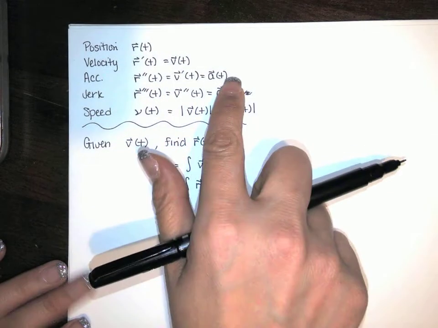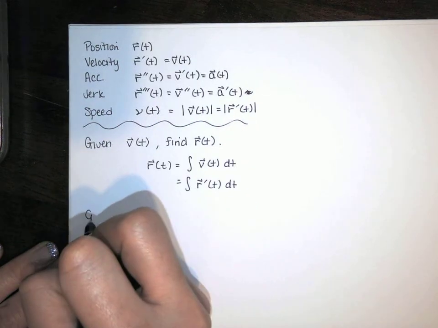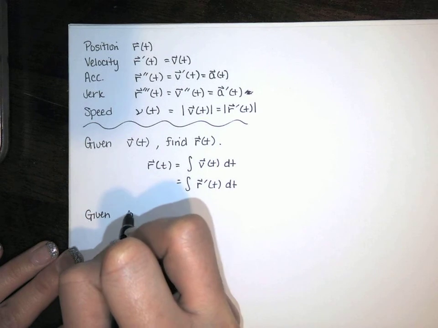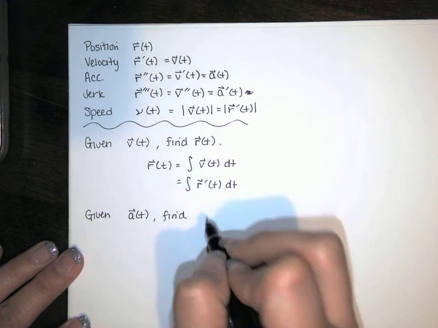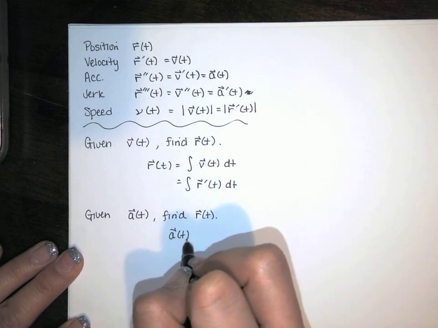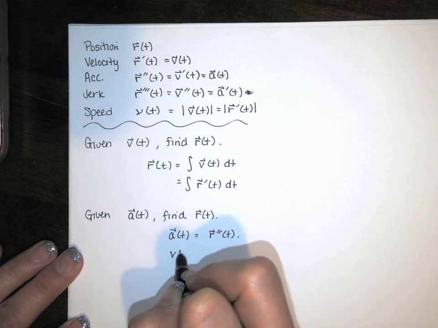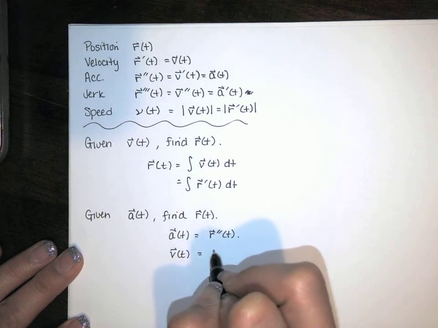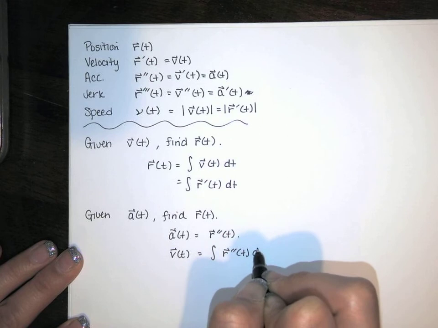If I give you acceleration and I want to find position, well, acceleration is the second derivative of position. So velocity, well, that's the antiderivative of acceleration.